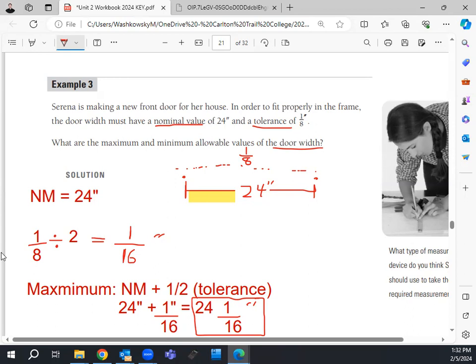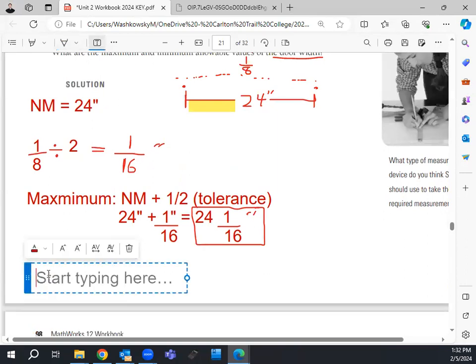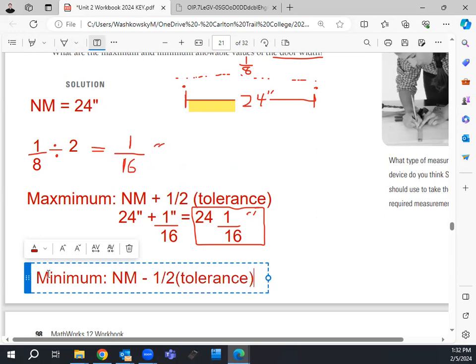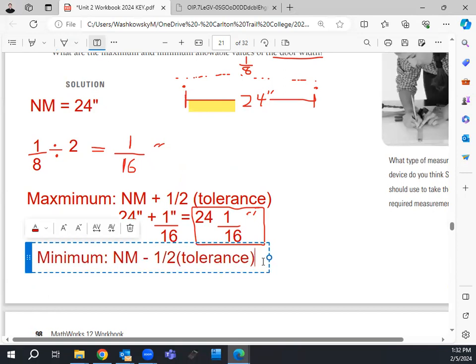So how do I find the minimum value then, right? Well, isn't this going to be the same thing? Isn't the minimum just going to be my nominal value, my middle value, minus half of my tolerance? So I just know that 24 inches minus half of my tolerance, 1/16 inch, that's what we already established.